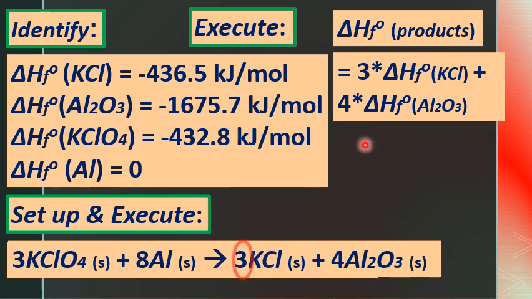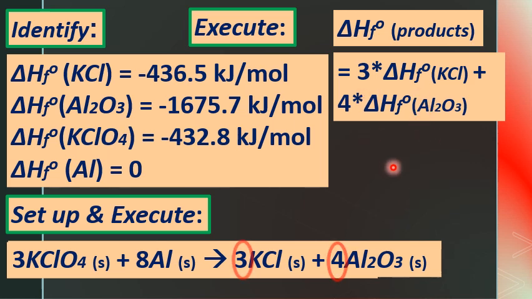And then we add also 4 times the standard delta HF for aluminum oxide, because there are 4 moles of the aluminum oxide solid. That is the formula.